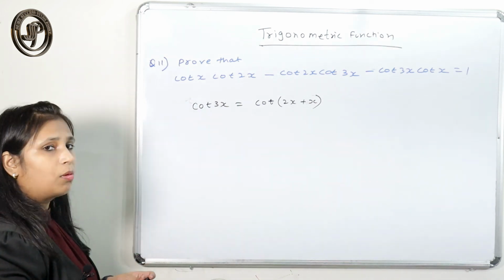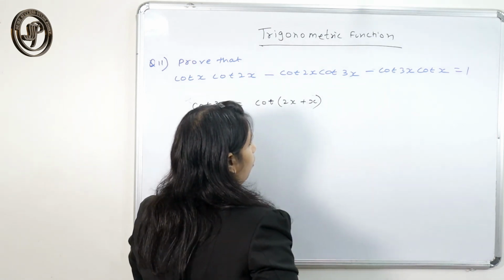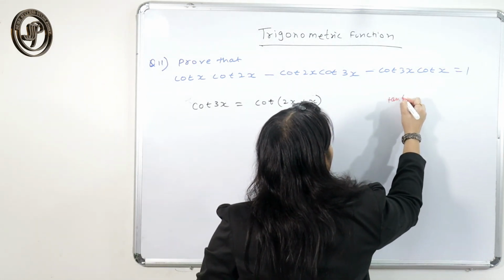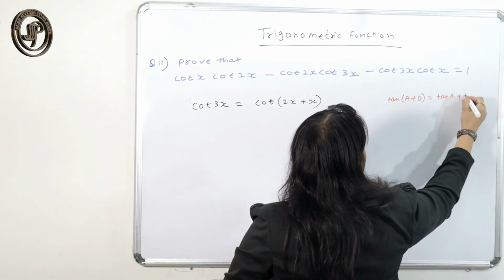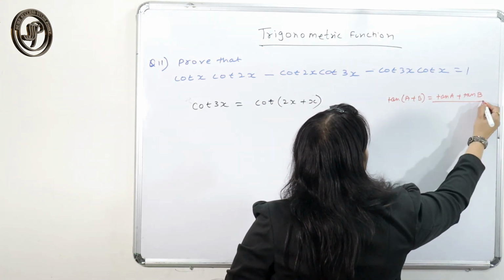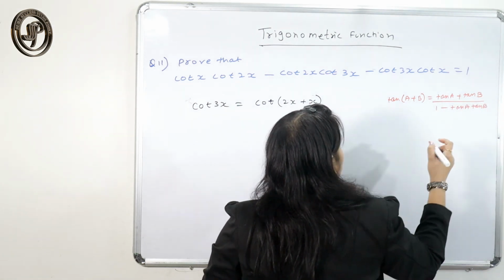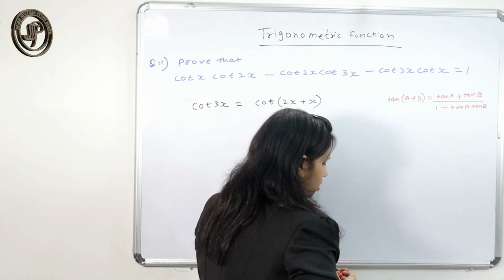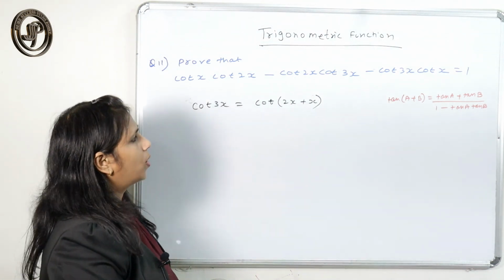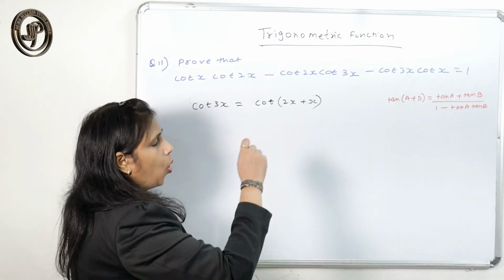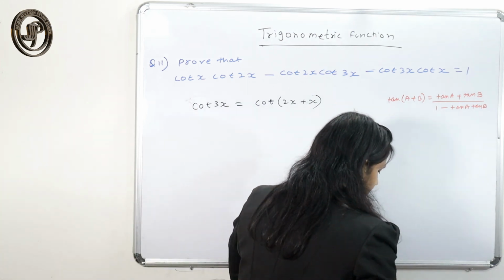We don't know the formula of cot a plus b, but we know the formula for tan a plus b, which equals tan a plus tan b upon 1 minus tan a tan b. If you take the reciprocal of this, if you replace tan with 1 by cot here, you will get the formula for cot a plus b.